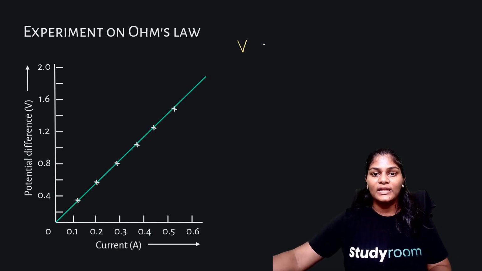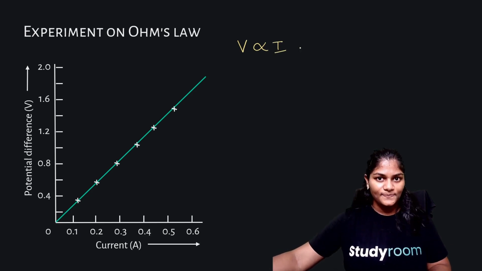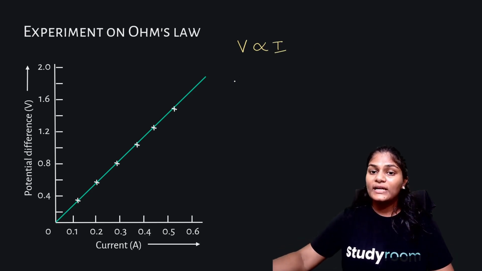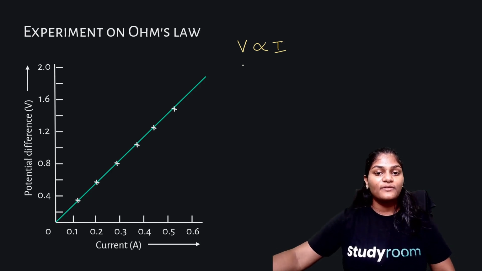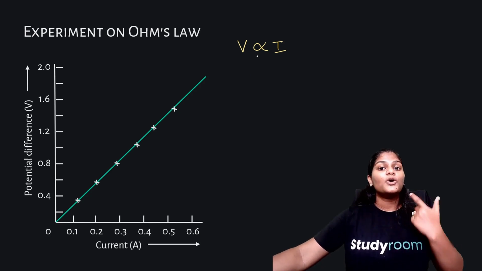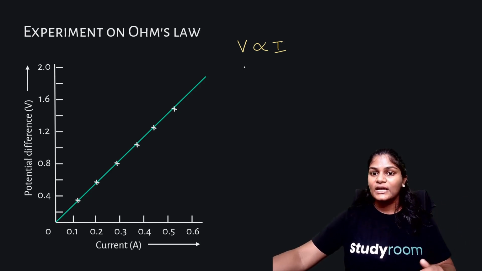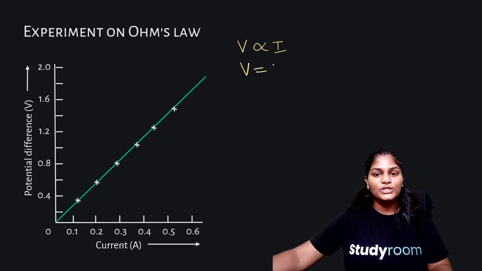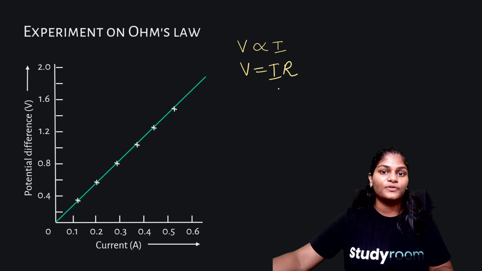How do we represent that? We represent it by V is proportional to I. Okay? And if you remember, whenever we have a proportionality sign like this, what do we do to remove this proportionality sign? We introduce a constant of proportionality, right? So here our constant of proportionality is R, or the resistance of the wire.